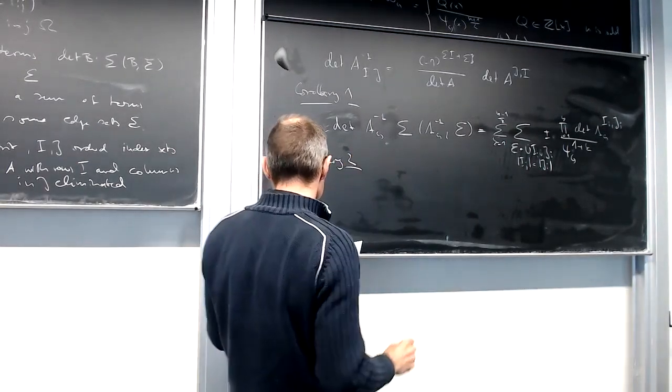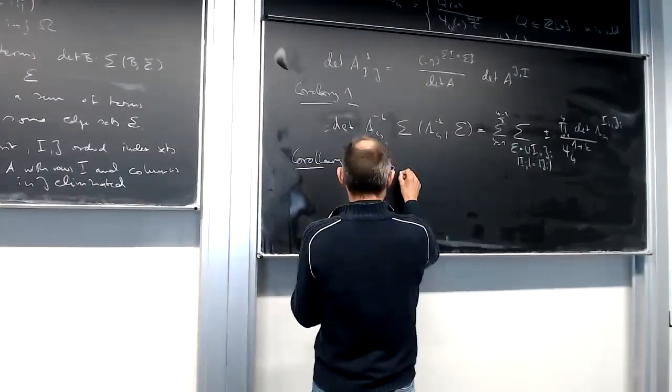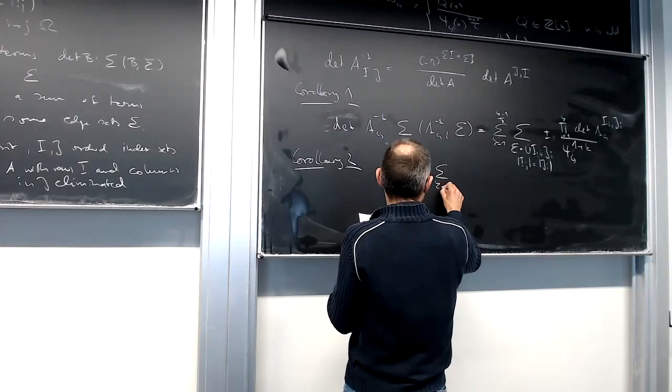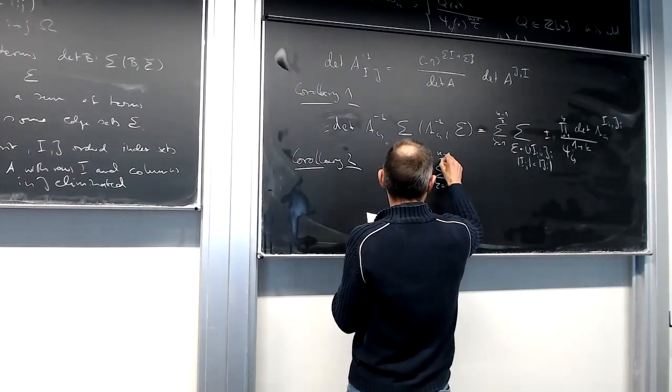So we get corollary 2 that omega g for any graph g to n minus 1 is the sum of k equals 1 to n minus 1/2.